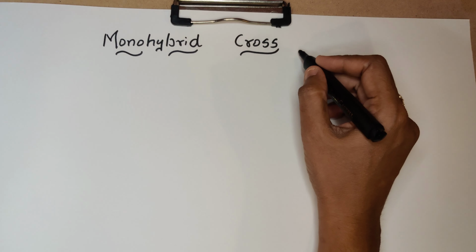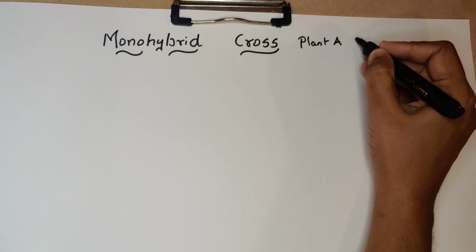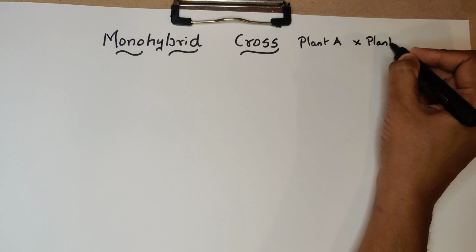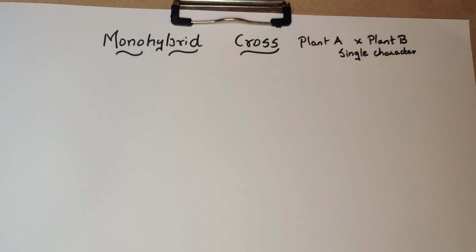So you select plant A and cross it with plant B. These two plants differ in a single character only. That is why we call this cross a monohybrid cross. There is a single character taken into consideration.